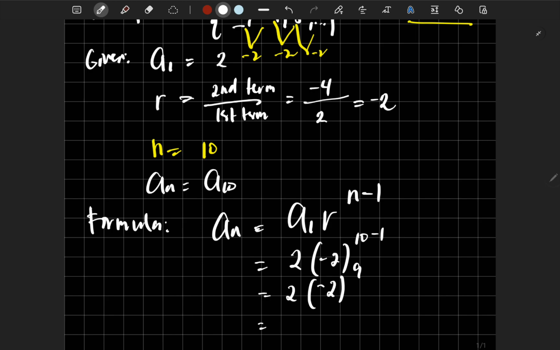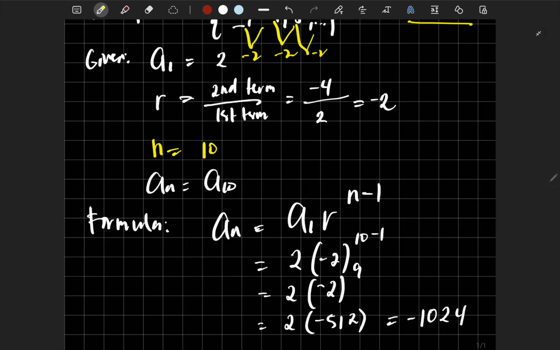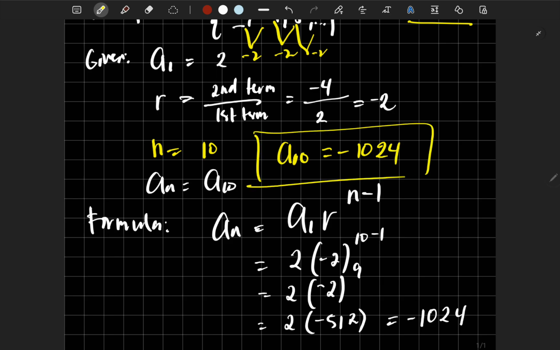That is -512. So you have here 2 times -512, and 2 times -512 is -1024. So, meaning to say, our a sub 10, or the 10th term of this sequence, is equal to -1024.